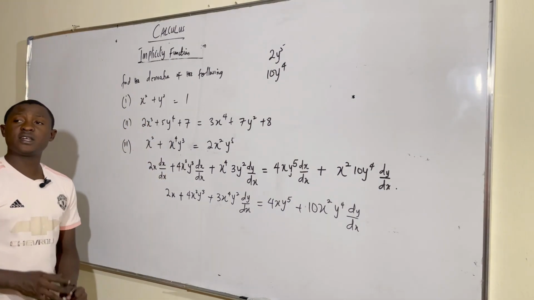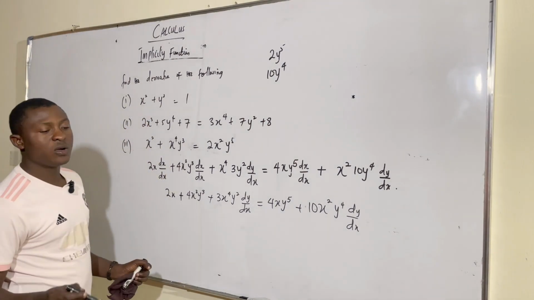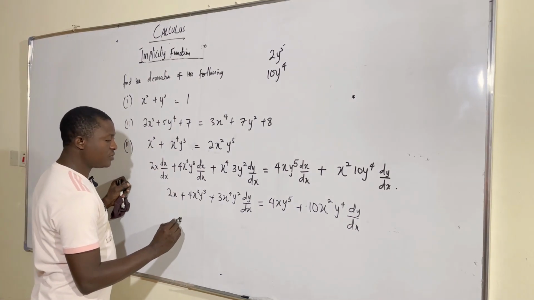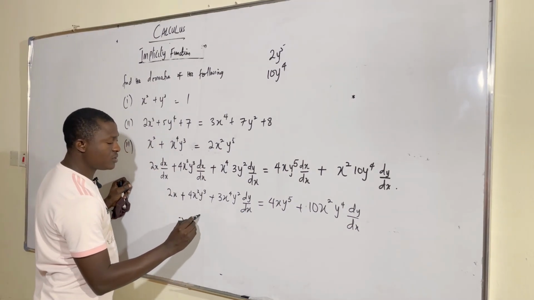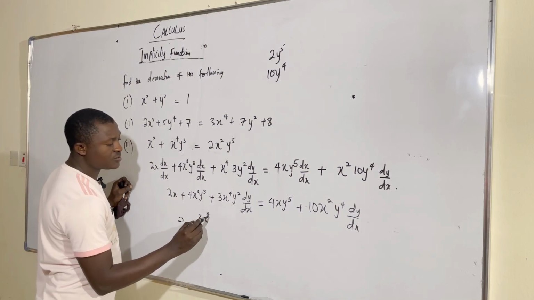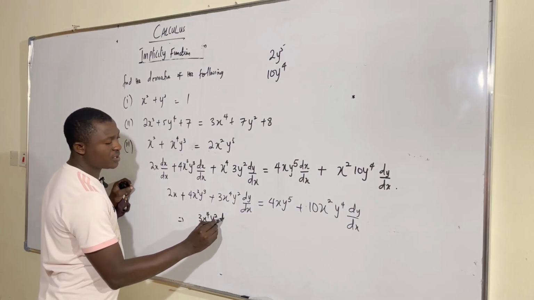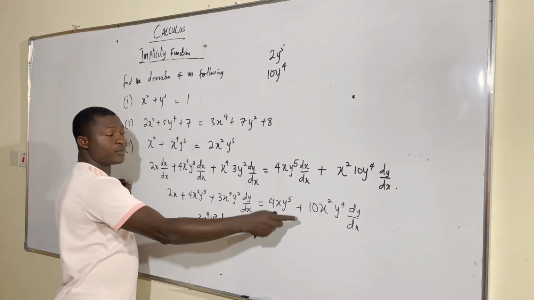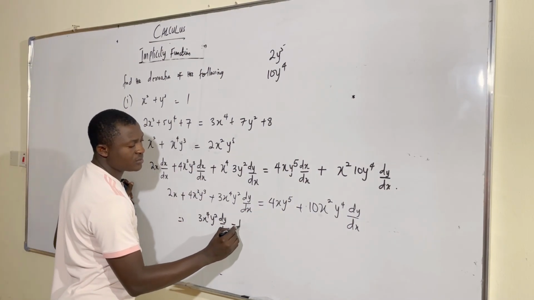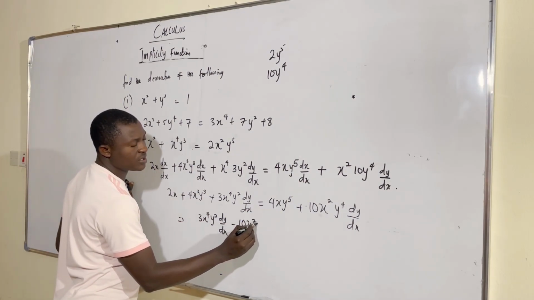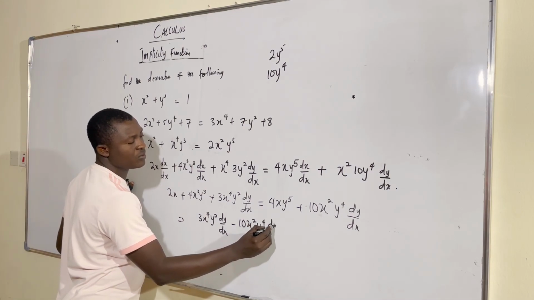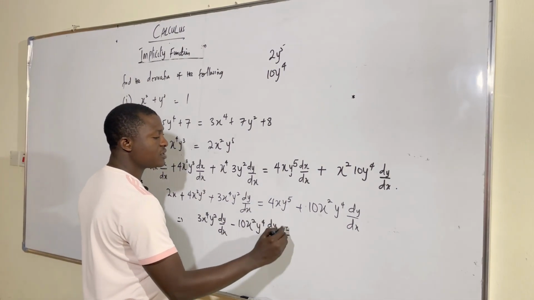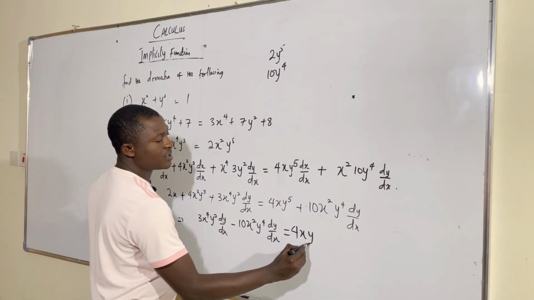The one with dy/dx on one side, the one without dy/dx to the other side. You can see I have dy/dx here, so that means I will have 3x raised to the power of 4 y squared dy/dx. This is another one with dy/dx here. This is positive, if it comes here, we have minus 10x squared y raised to the power of 4 dy/dx is equal to, now here you can see what we have left here is 4x y raised to the power of 5.